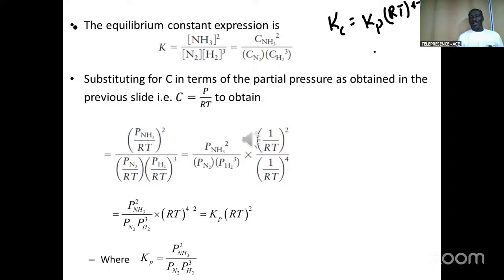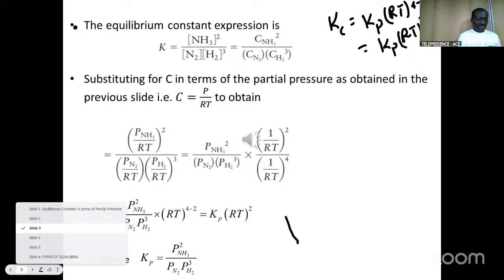Now, that is equal to Kp (RT) squared. All right, so that's what we have for the ammonia. That's what we have for the equilibrium constant in terms of partial pressure for ammonia. Now let's look at the next slide.